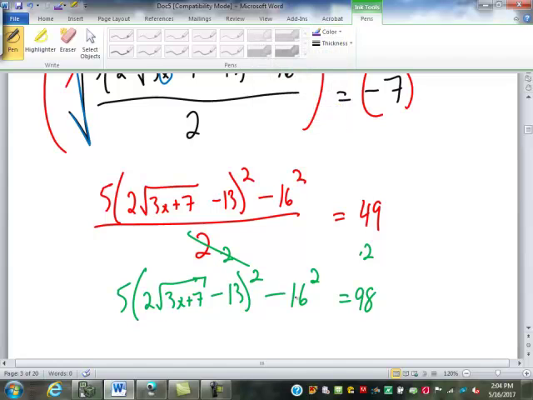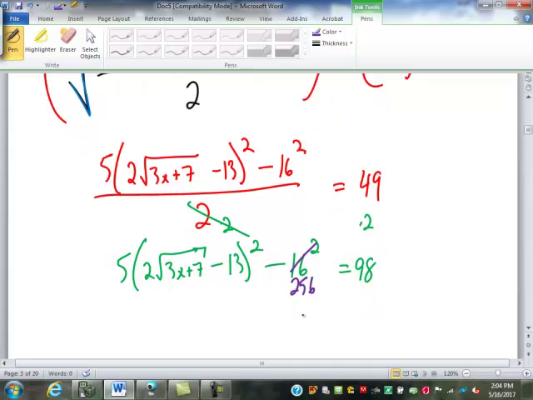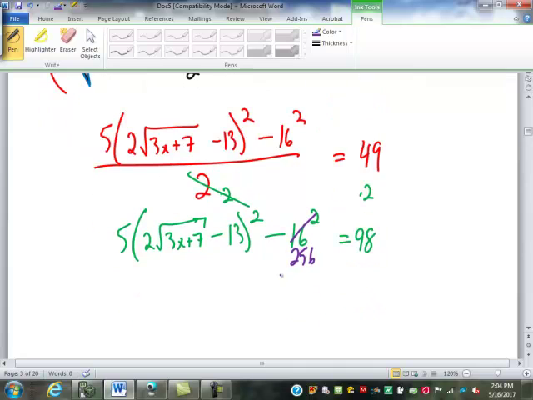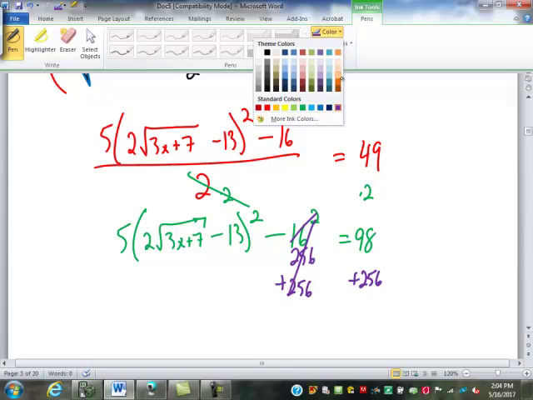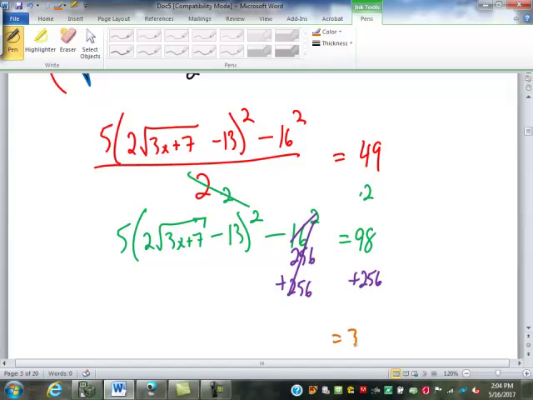Now the 16 squared is just 256. So I can go ahead and multiply that out. And I'm going to add the 256 to get rid of that minus 256. So this is 354 over here. Over here we've got 5 times that.